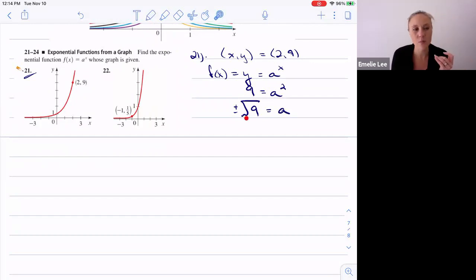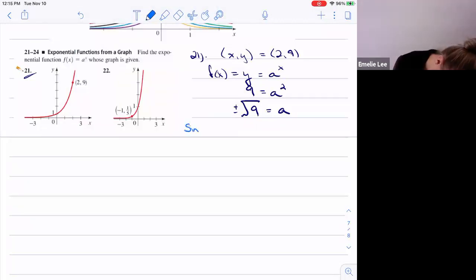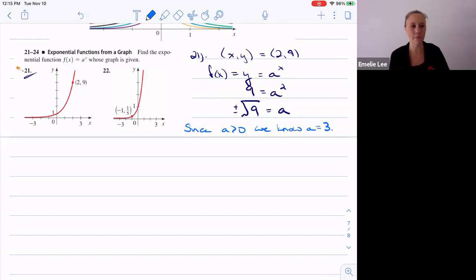This is plus or minus 3. But since a has to be greater than 0, it's just going to be positive 3. Since a is greater than 0, we know a is equal to 3. So f of x is 3 to the power of x.